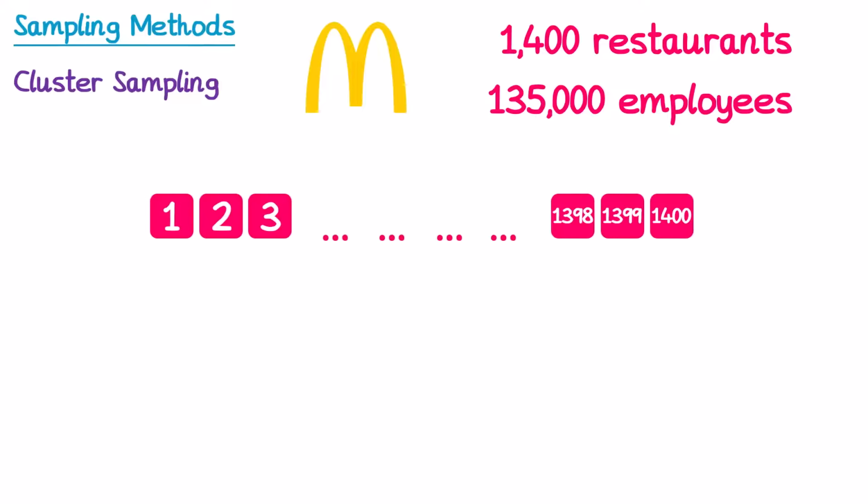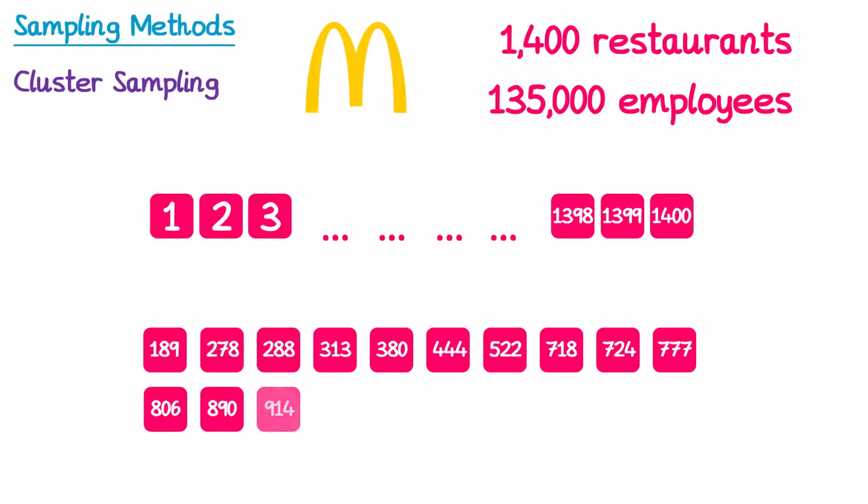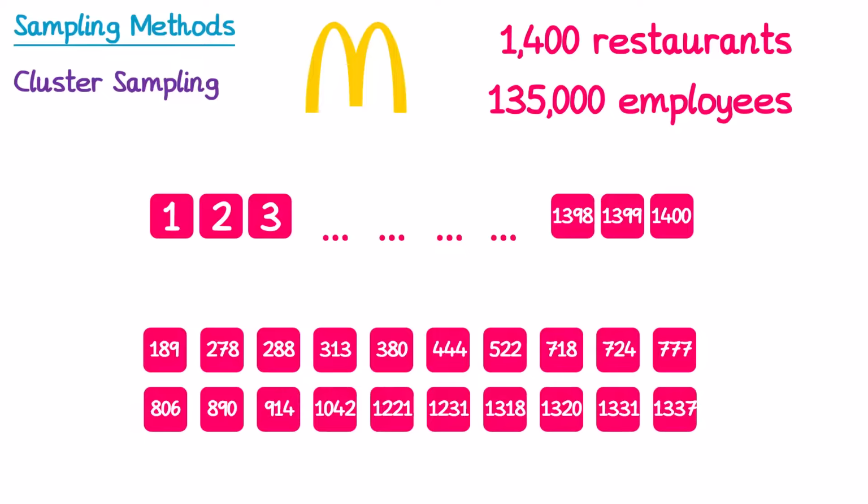So they could have 1,400 different clusters, each one the name of a store. They would then randomly sample as many of these clusters as they wanted. Let's say they wanted to sample 20 clusters. They would randomly sample 20 of these clusters using simple random sampling. And then once they've got these clusters, they sample everybody who works at these restaurants.